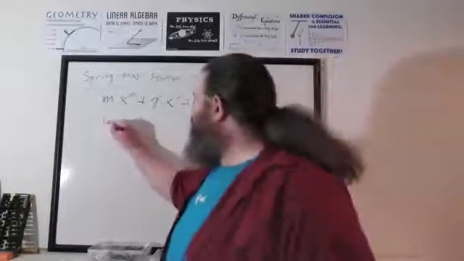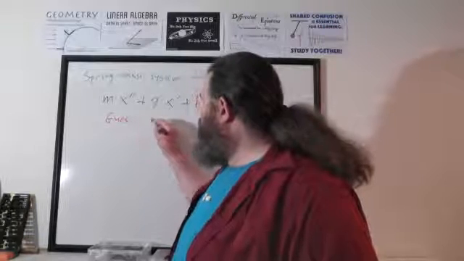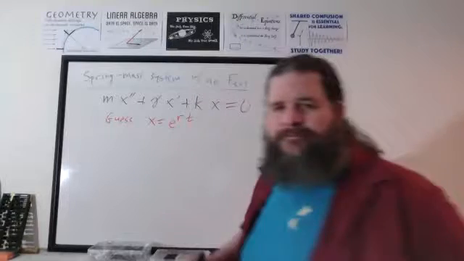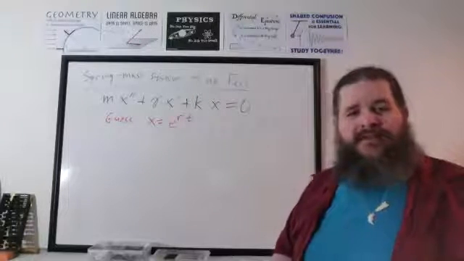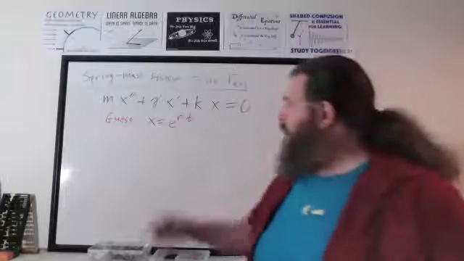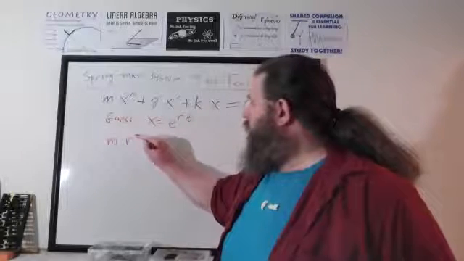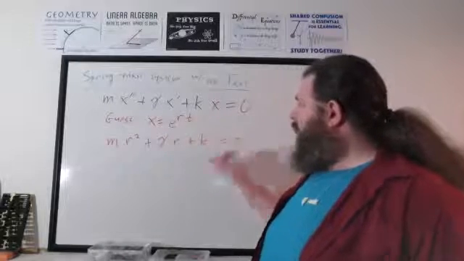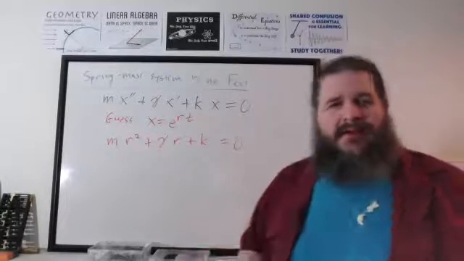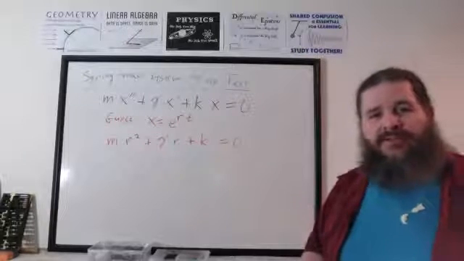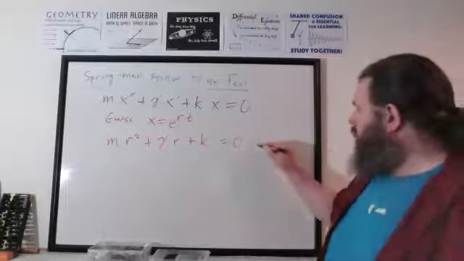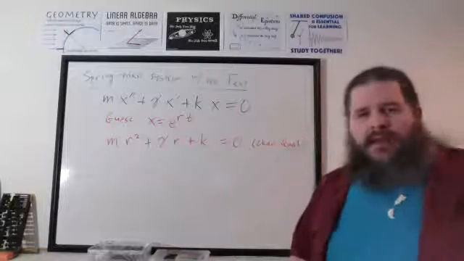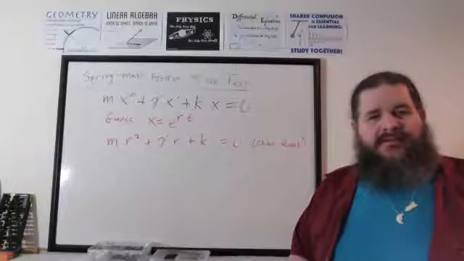So if we make that guess, that x is e to the rt, we fill that in and its derivatives, and we're going to get a characteristic quadratic: m r squared plus gamma r plus k. And of course, each one of these also has an e to the rt, but we can divide both sides by e to the rt to drop that out. So that's our characteristic quadratic. And then how would you solve that in general?